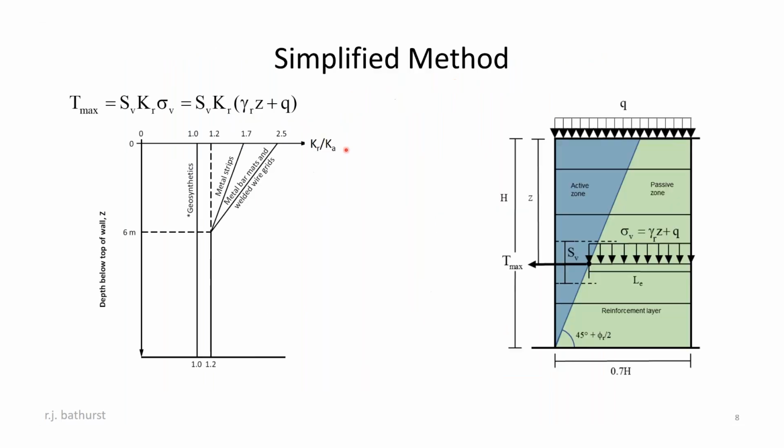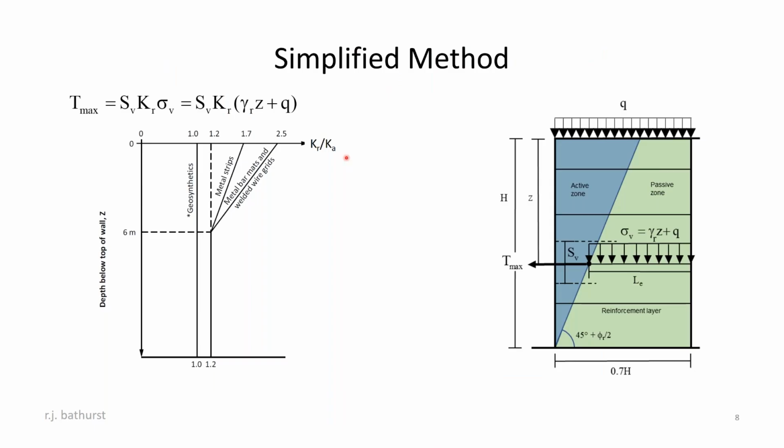And if one goes to AASHTO or the Canadian Highway Bridge Design Code and you decide to use the simplified method to calculate what the maximum load in the reinforcement is, you would use this equation here. And there is a chart which tells you that the equivalent lateral earth pressure coefficient is actually equal to the active earth pressure coefficient. This is for geosynthetic reinforcement materials, which essentially is saying that we're assuming with the simplified method that the soil is at an active state.